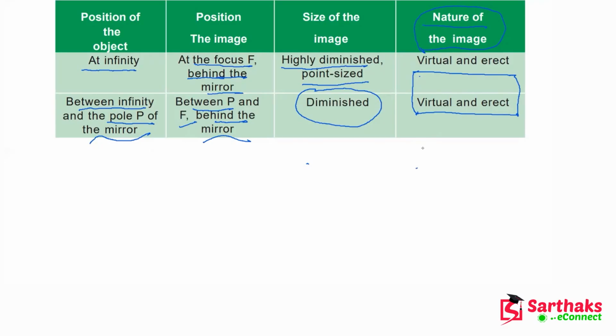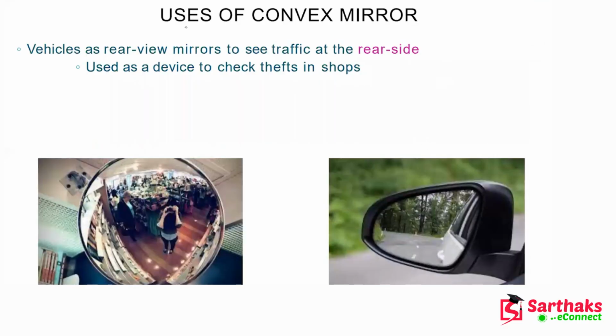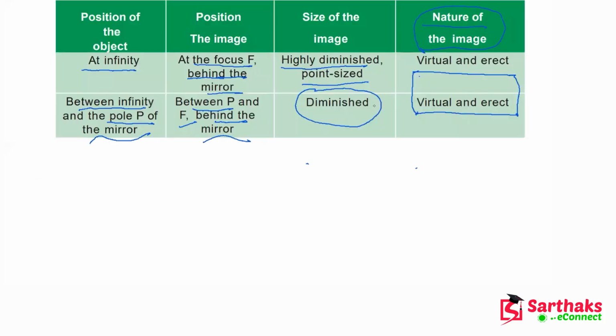Now let's move on to the next slide and talk about the uses of convex mirror. Before discussing the uses, I want you to observe that in the case of convex mirror, the size of the image is always smaller than the object.